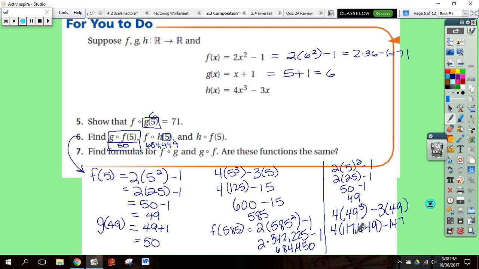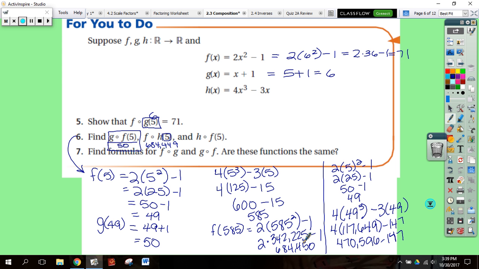So if we take 4 times this 117,649, we get 470,000. And then we're going to subtract out the 147. And I may have done this wrong. 117,649 times 4 equals... Oh.